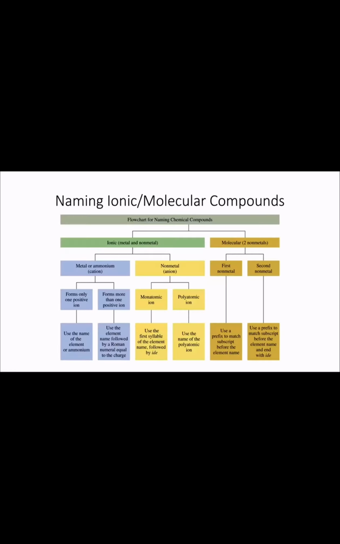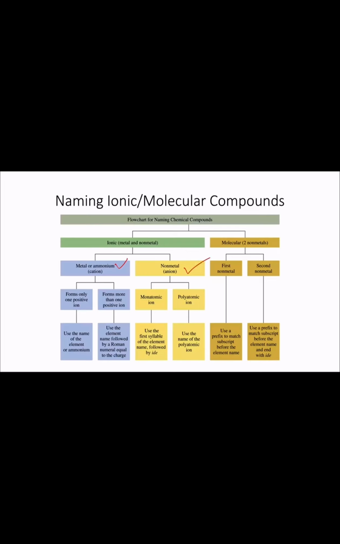So far, what have we learned about naming ionic and molecular compounds? Ionic compounds involve something that is a metal or ammonium. That's the cation exception. Molecular is a nonmetal with a nonmetal.